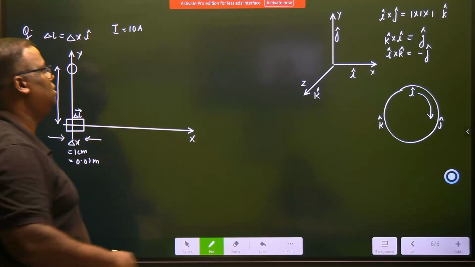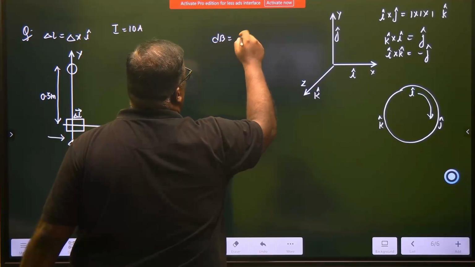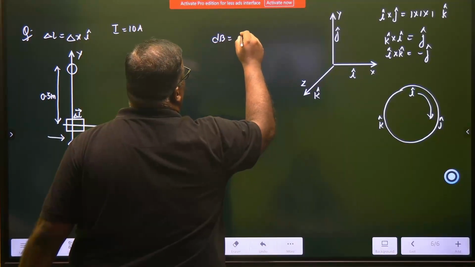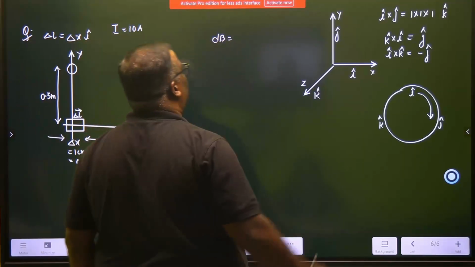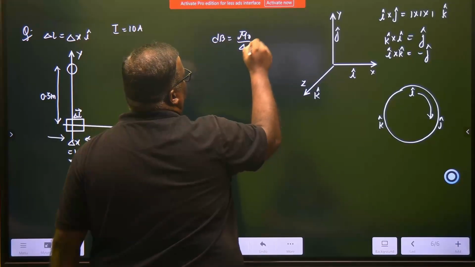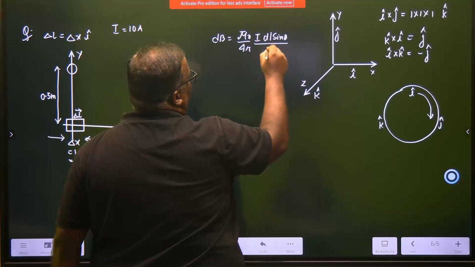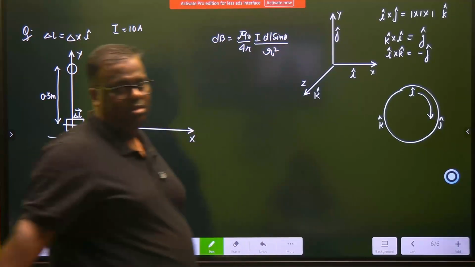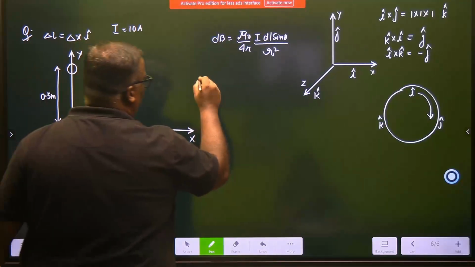Come back to Biot-Savart's law. What does Biot-Savart's law tell you? dB is equal to mu naught by 4 pi I dl sine theta divided by r square. The value of sine theta in this case will be how much? 90 degree, so it's equal to 1. Mu naught by 4 pi, what is mu naught by 4 pi?